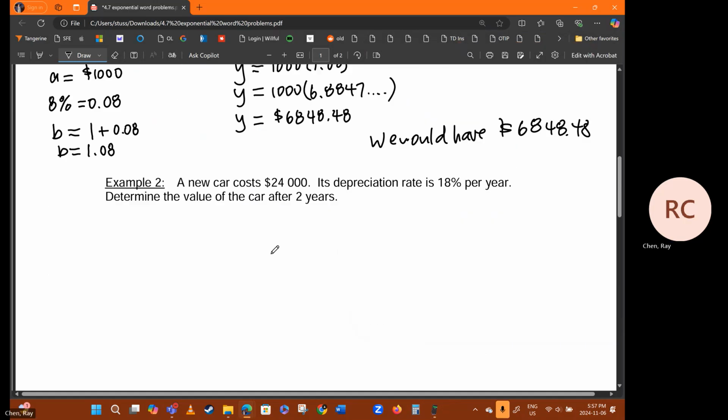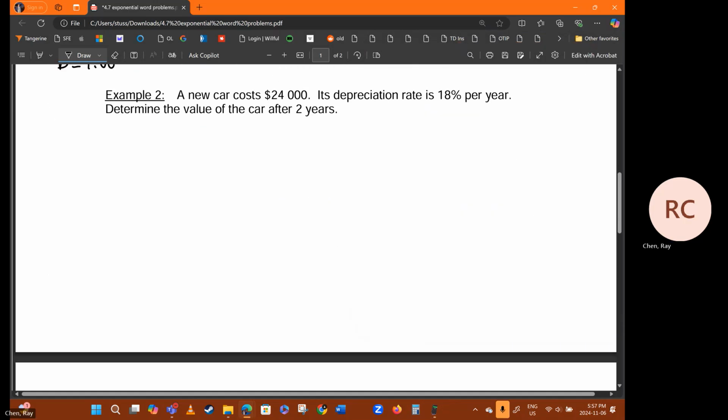Question 2. A new car costs $24,000. Its depreciation rate is 18% per year. Determine the value of the car after 2 years. So just to give you words of interest that's relevant right now in today's society, a lot of the new cars right now are almost, if not, on par with the used car market.